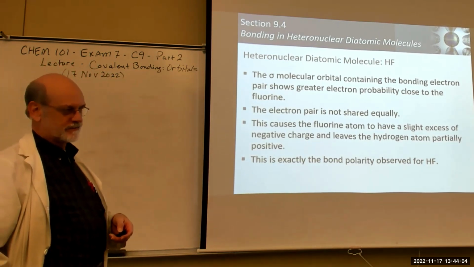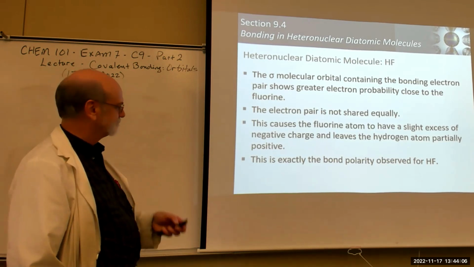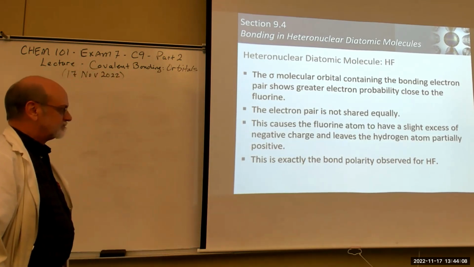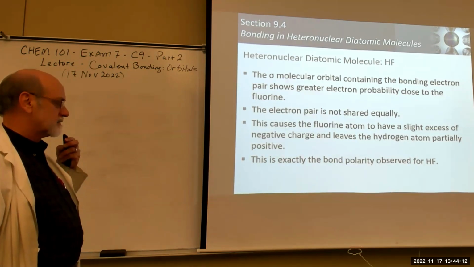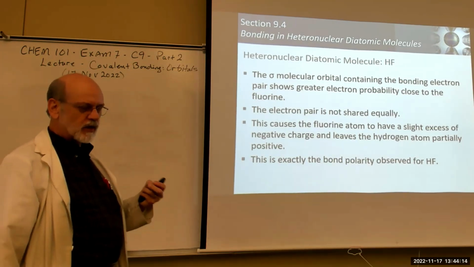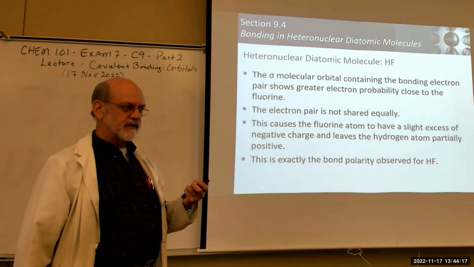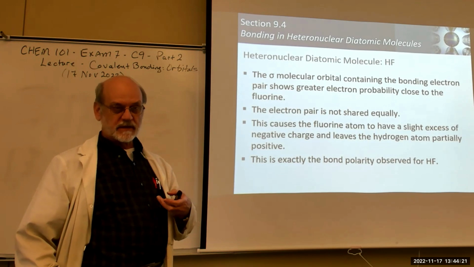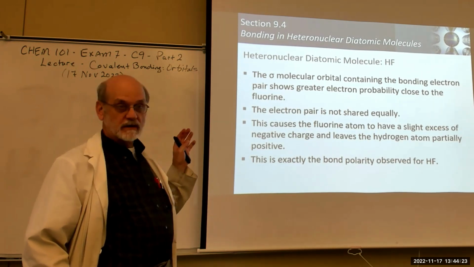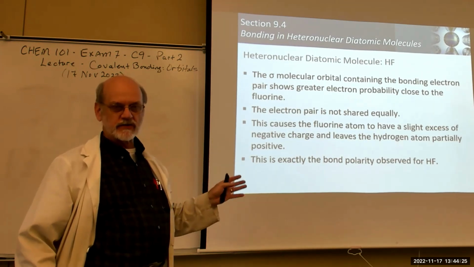Not by me. The point we're making here is that whereas the localized electron model and the valence bond theory are unable to predict energies, the molecular orbital model can predict exact energies.